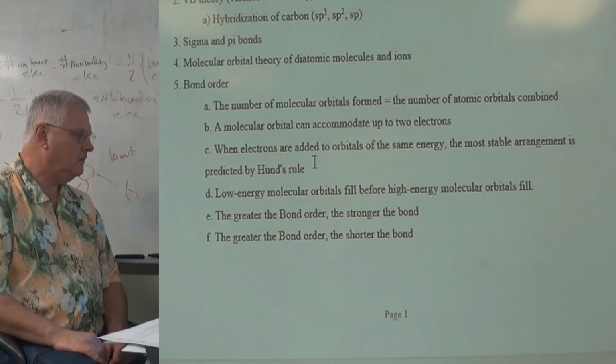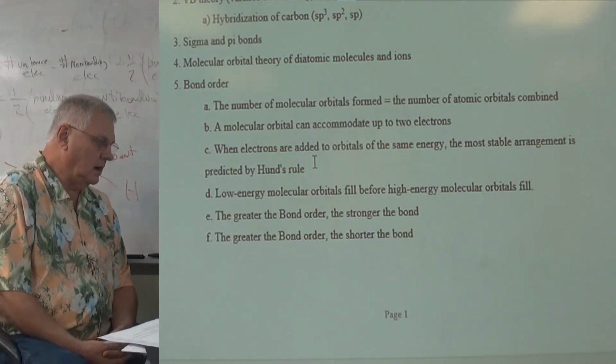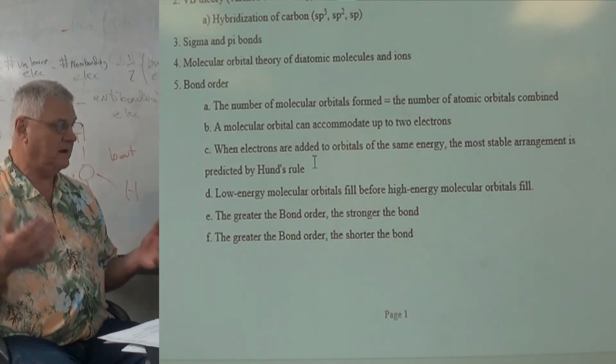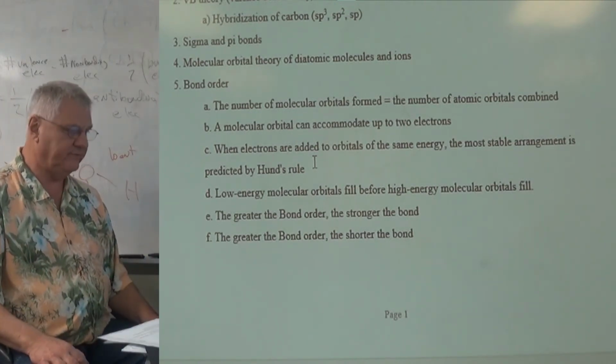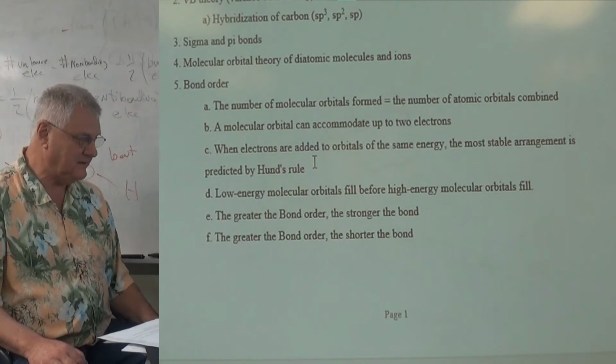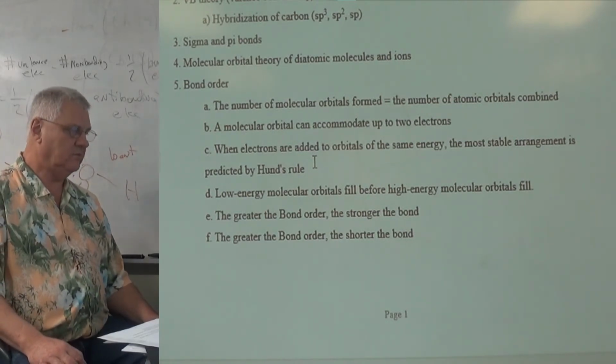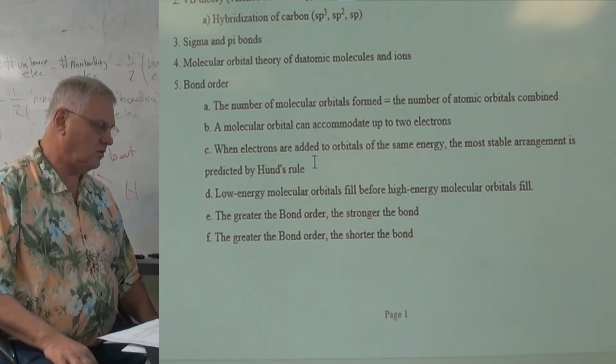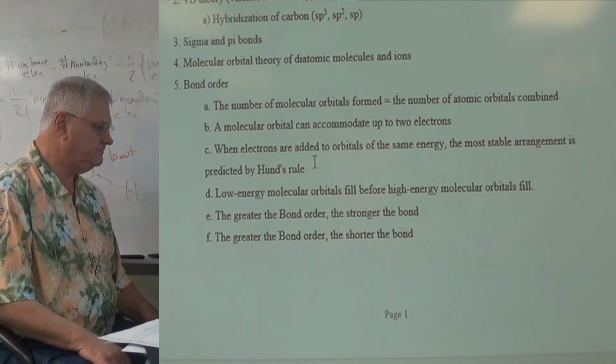Okay? Low energy molecular orbitals fill before the high energy. This is just the Aufbau principle that we saw when we were filling atomic orbitals, except now we're doing the same thing for molecular orbitals. We fill from the bottom, the lowest energy molecular orbital, and work our way up.